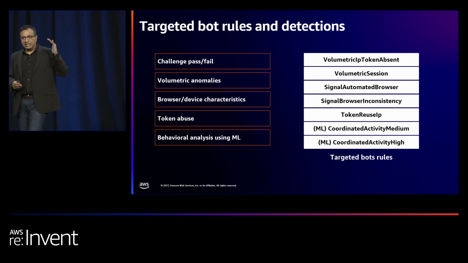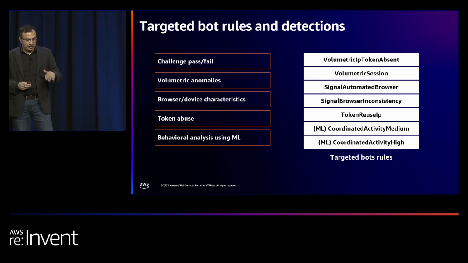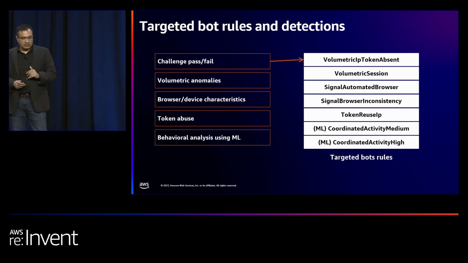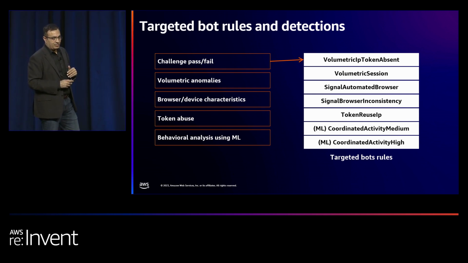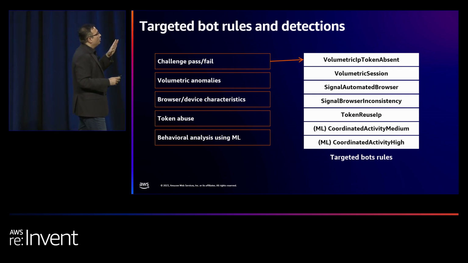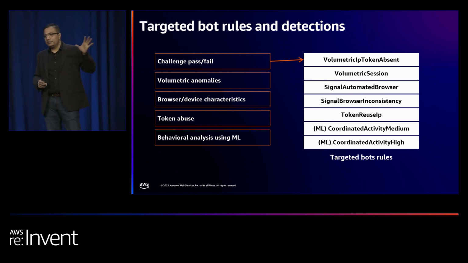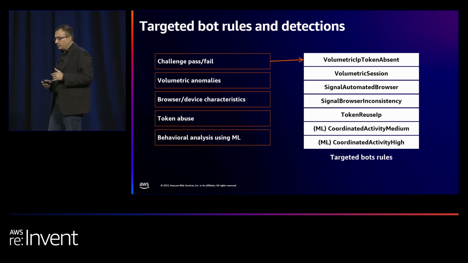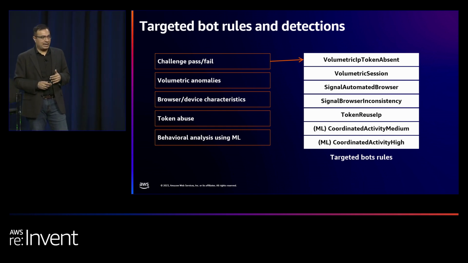When you set the inspection level to targeted, these are all the rules from targeted bots that become available. The first rule is a challenge, pass or fail. The default action for this rule is challenge. If this rule is enabled, it will let a few requests come in from every IP address, because at this point we don't know what the client is.